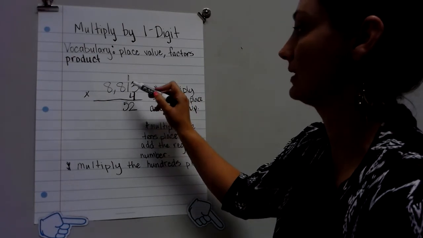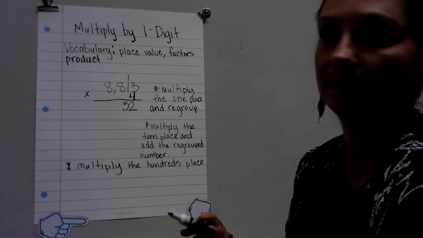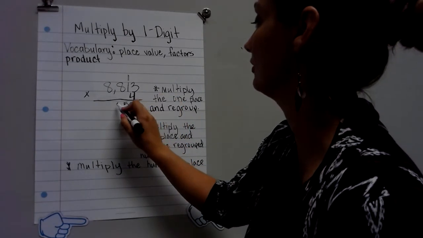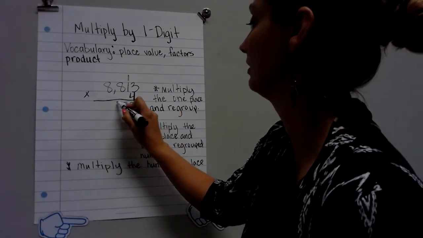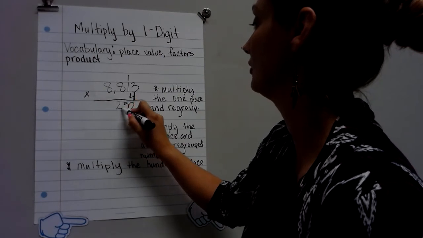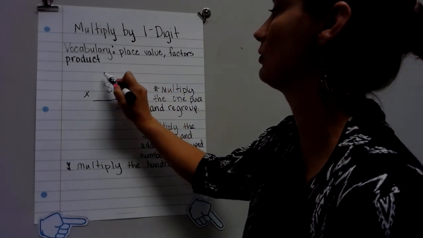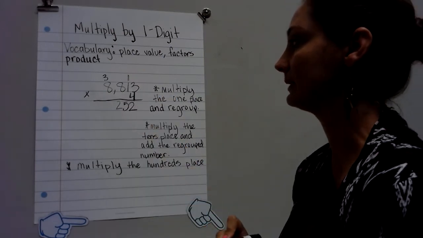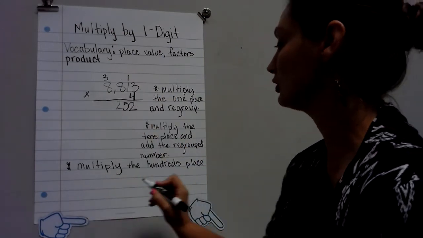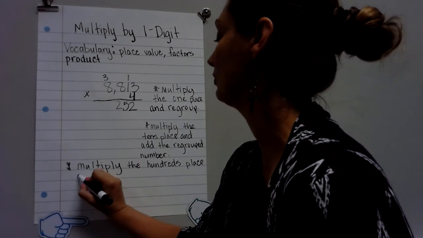So my 4 times my 8 gives me what? Good. 32. So I put the 2 and then I've got to regroup into the thousands place the 3. So multiply the hundreds place and regroup.